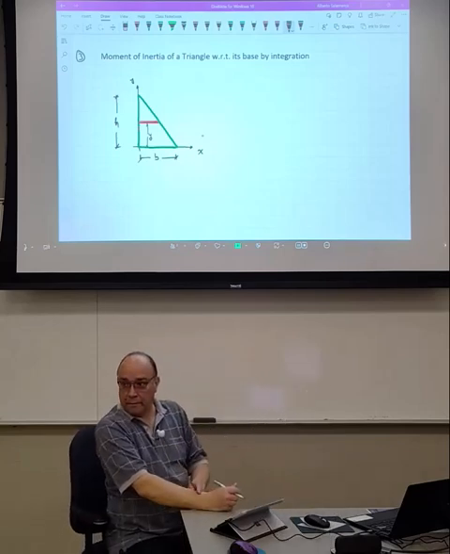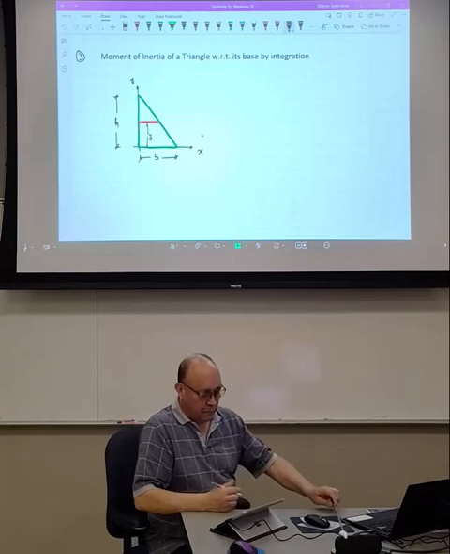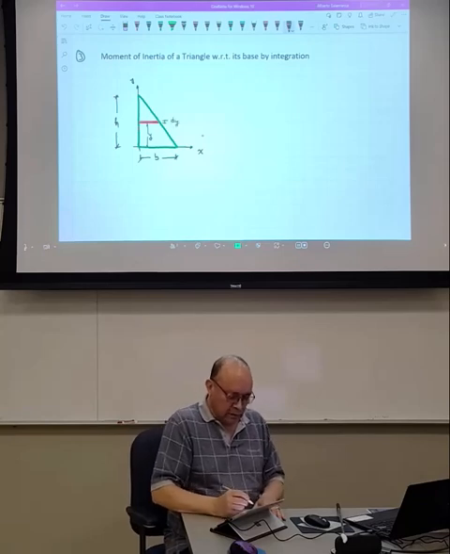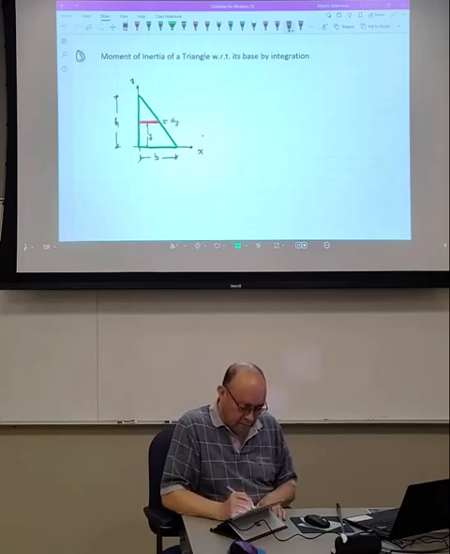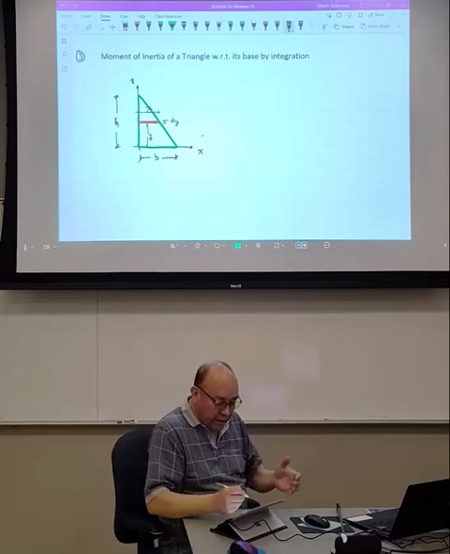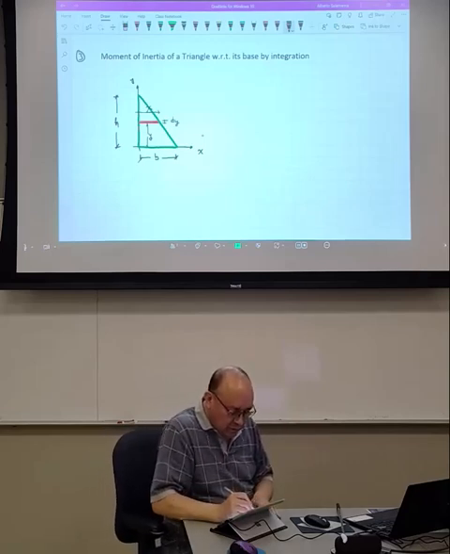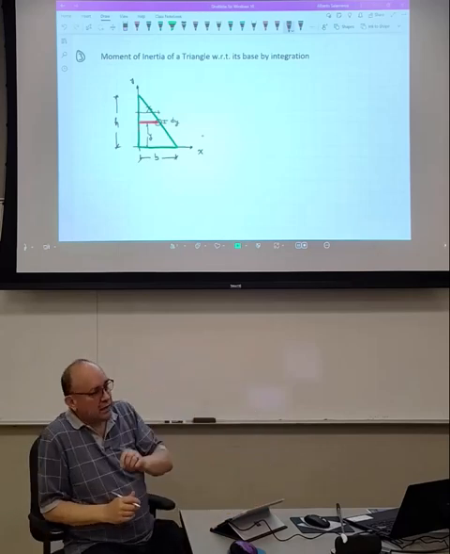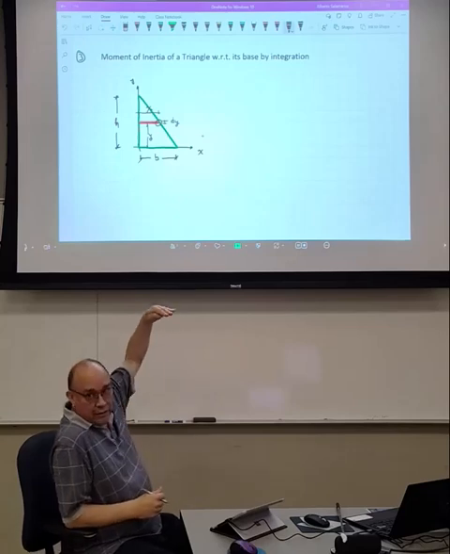Then this thickness we will call dy, and this length will be x, where x and y can be understood as the coordinates of this point. That way we have very well localized the differential of area.